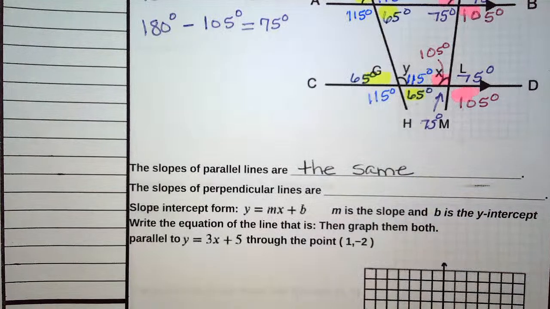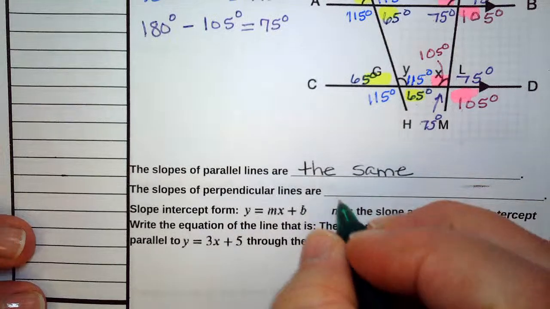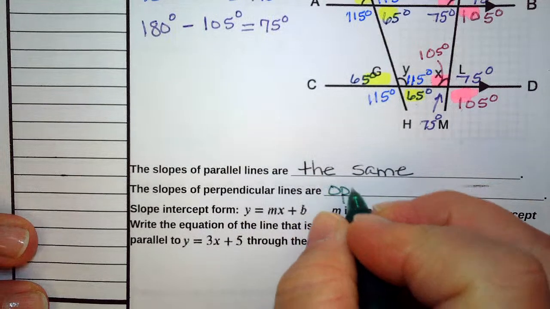But what about perpendicular lines? Well, think about it. They have to go in opposite directions. If one of them's positive, then the other one has to be negative. So there is a specific relationship. They are opposite reciprocals.